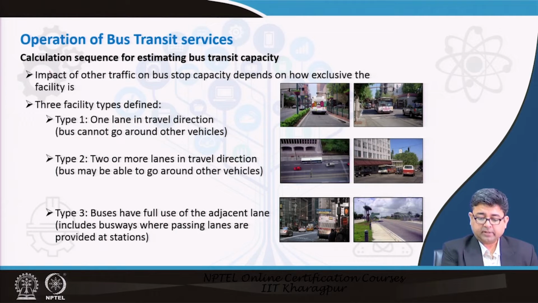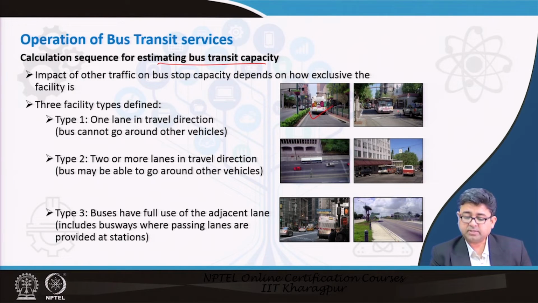Similarly, for estimating the bus transit capacity, you have to know what type of facility your bus is running on. Is it a one lane, unidirectional facility where the bus cannot overtake any other vehicle? If there is some vehicle in front of it, it cannot overtake, and that limits the capacity of your system.